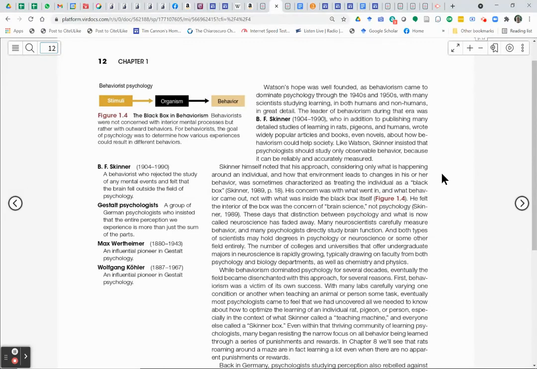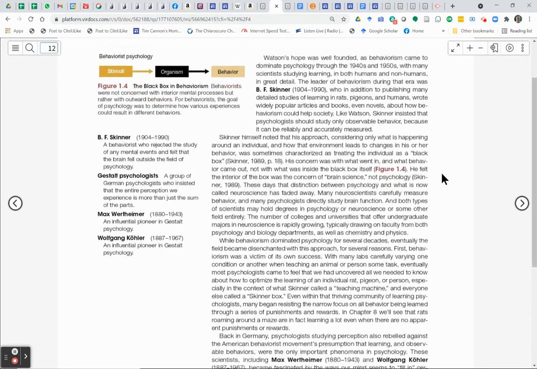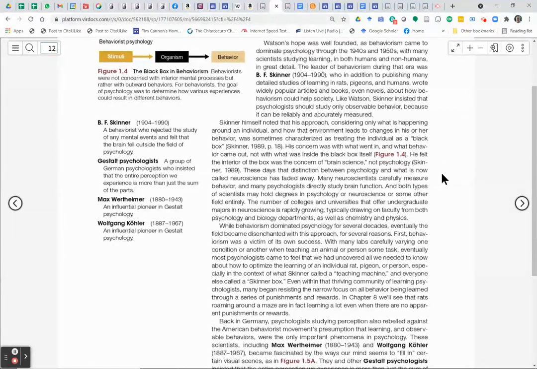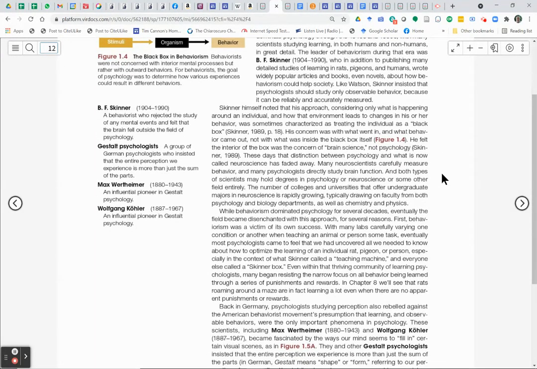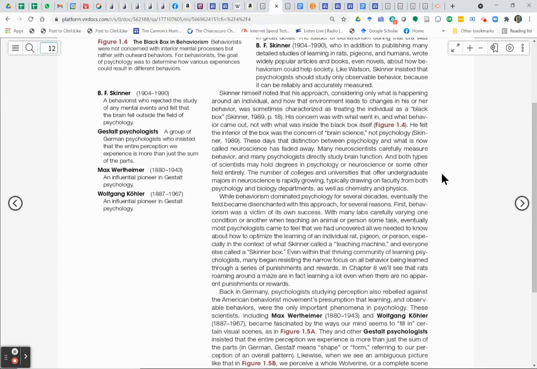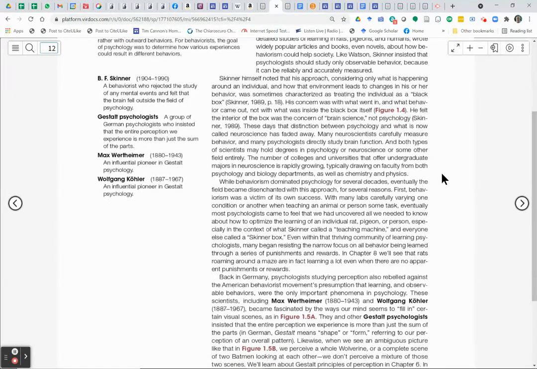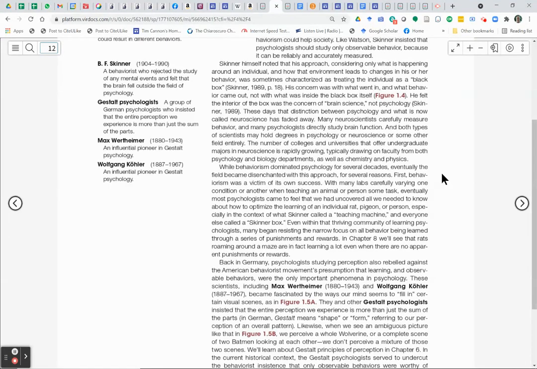So the black box of the organism, he didn't care what went on in there. All he worried about was stimulus and behavior. And again, he lived in Scranton, PA on North Washington Avenue for a little bit.